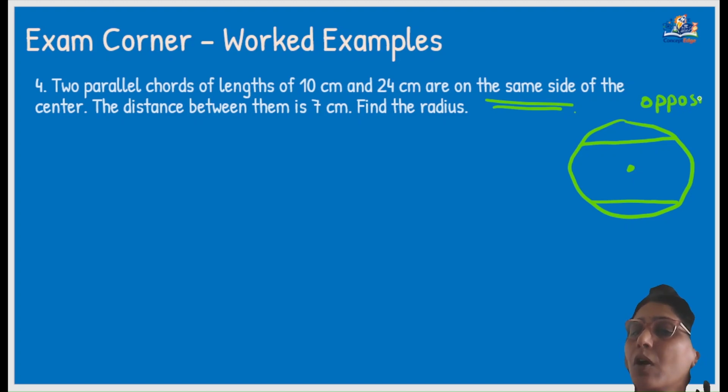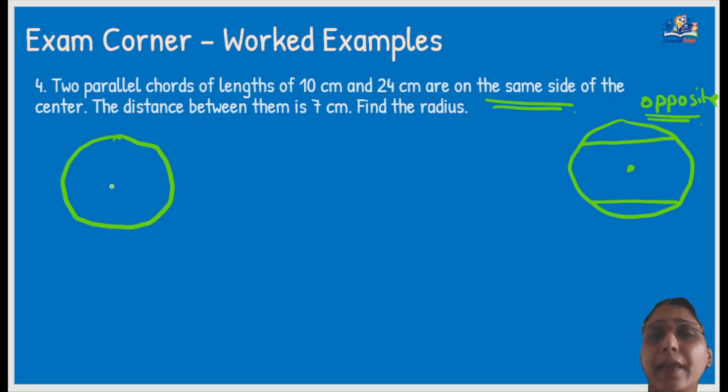Here in this case, they are saying the same side. So I have to consider this case, where the center is there, one chord is here and the other chord is here. Now, we know that the longer chord has the shorter distance from the center, right?